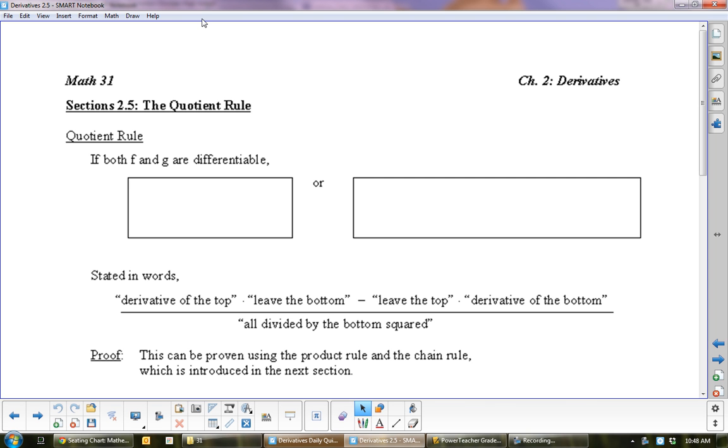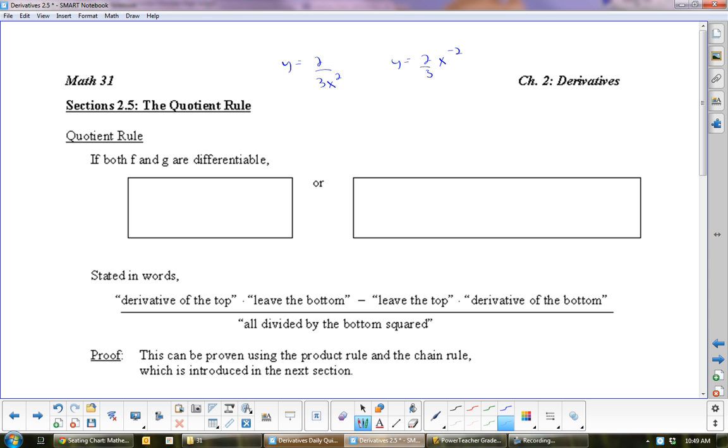So you have the option, say you had y equals 2 over 3x squared. You have the option of just going, well, y equals 2 thirds x to the negative 2, and then you can go find the derivative of that, okay?